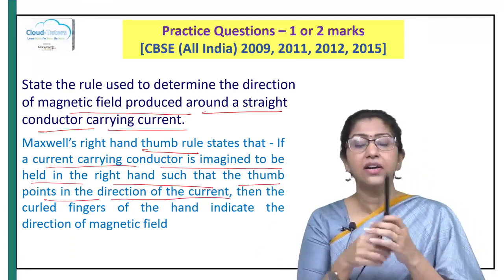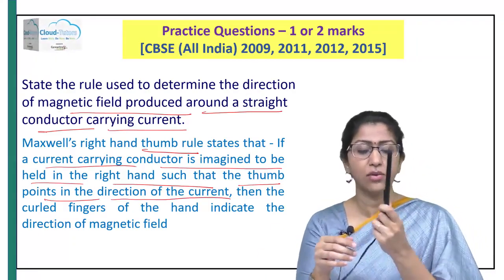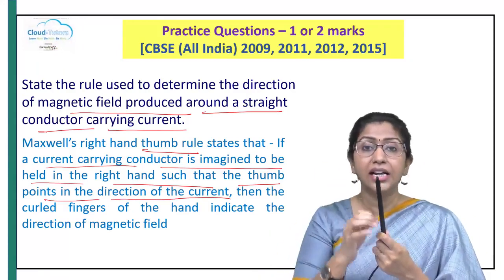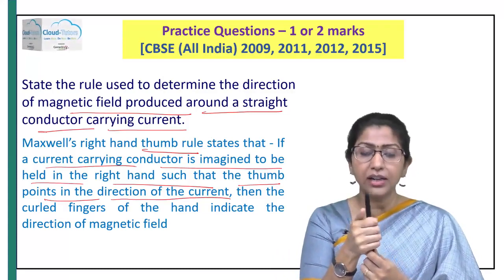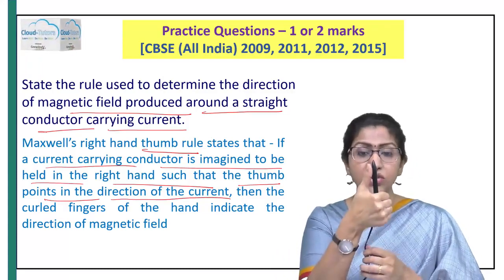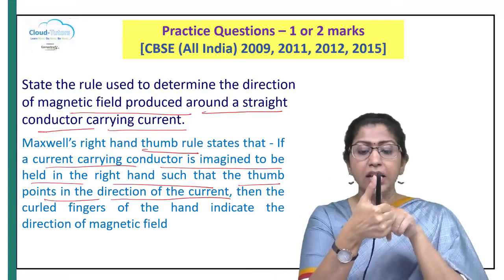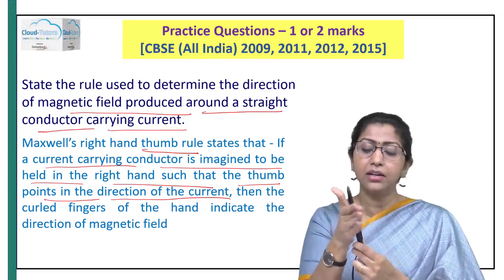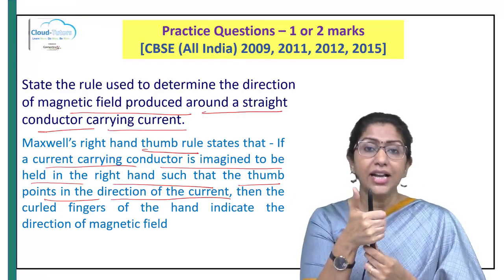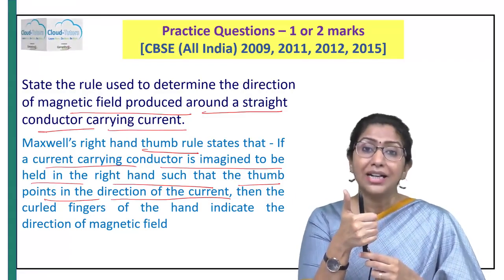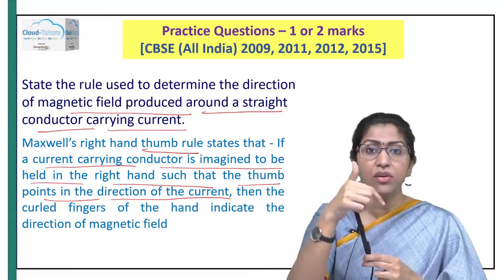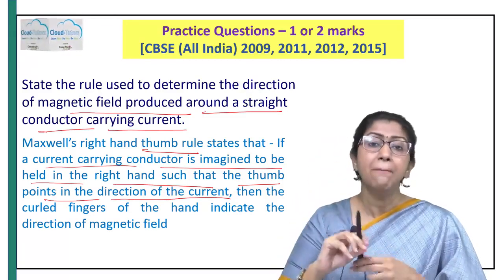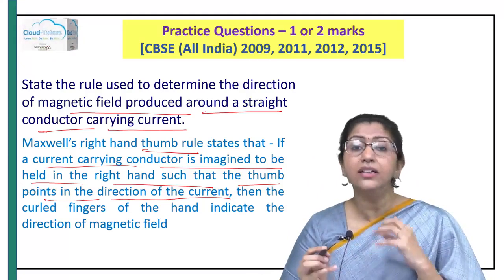As we discussed in the previous session, if you imagine this to be a copper wire which is a straight current carrying conductor, if I hold it in my right hand like this and outstretch my thumb, my outstretched thumb shows you the direction of the electric current, and my curling fingers tell you the direction of the magnetic field induced around this straight current carrying conductor. And this is Maxwell's right hand thumb rule.